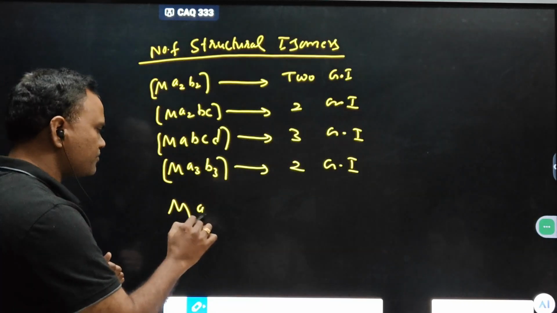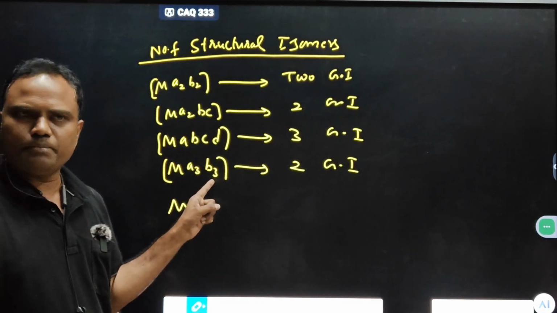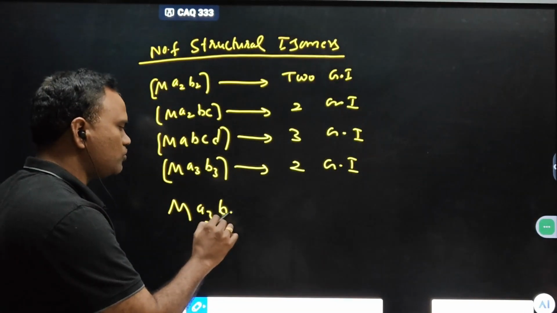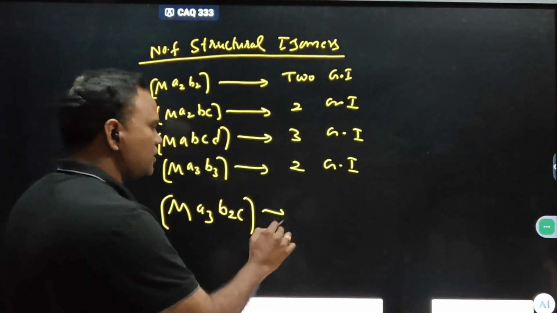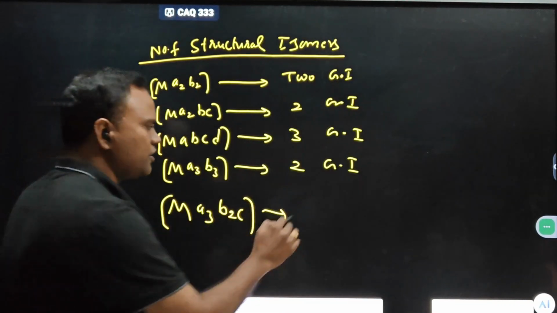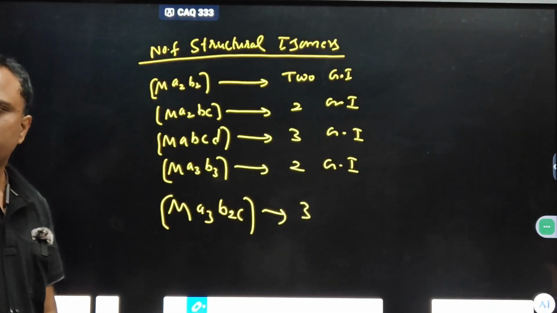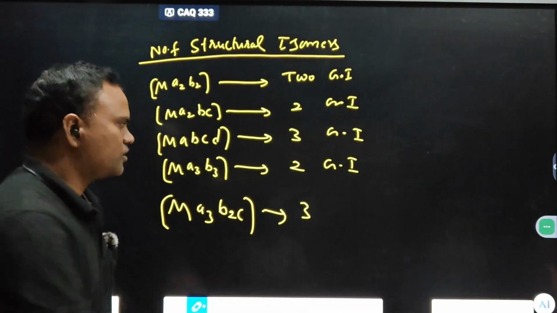Now do one thing: Ma3, write B2C, here increase one, 2GI.